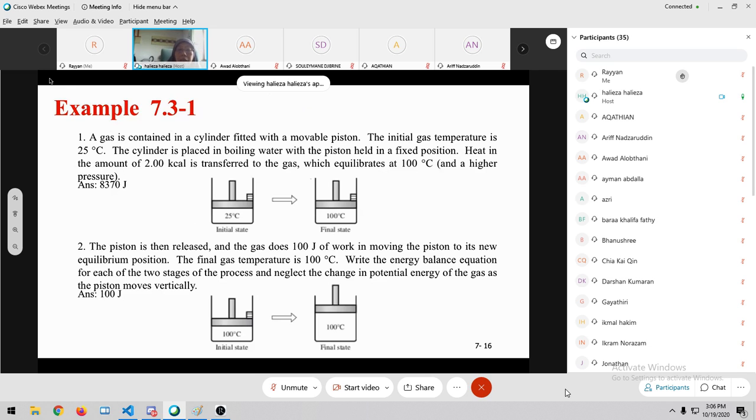The temperature initially is at 25 degrees C. Inside that cylinder, you have boiling water. You put in 2 kilocalorie of heat into the cylinder. I mean, you heat it up, and that will increase the temperature from 25 to 100 degrees C. So the question is, solve for the energy balance.